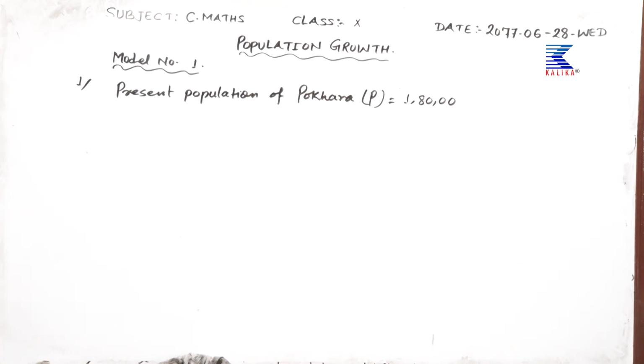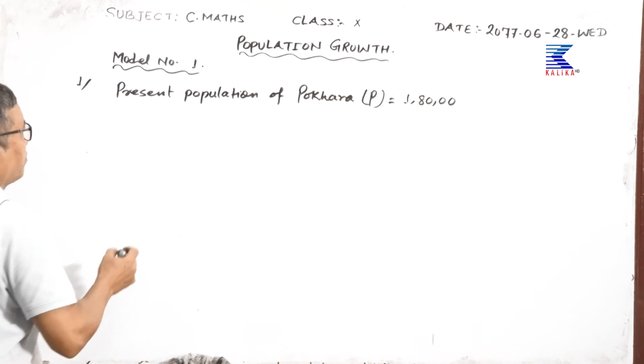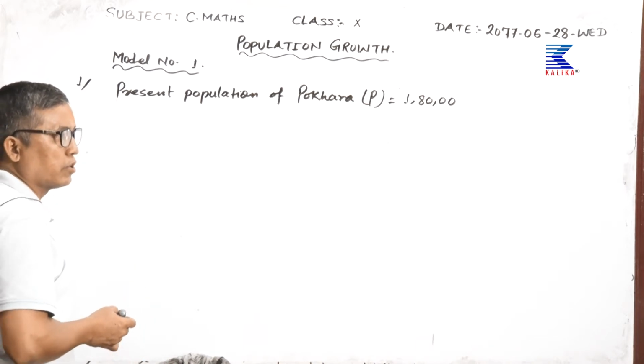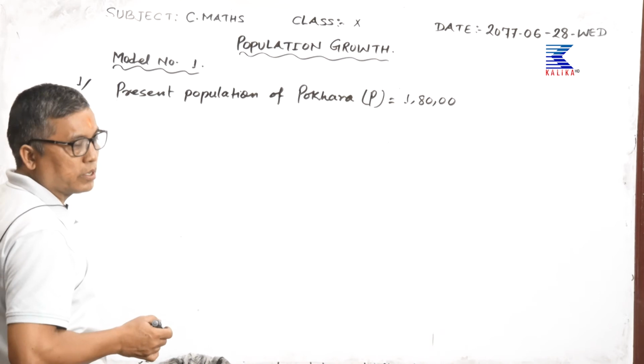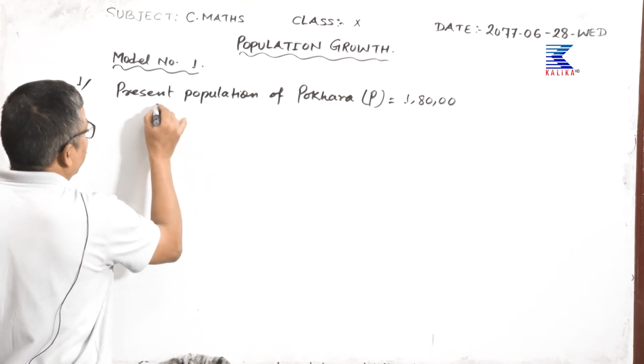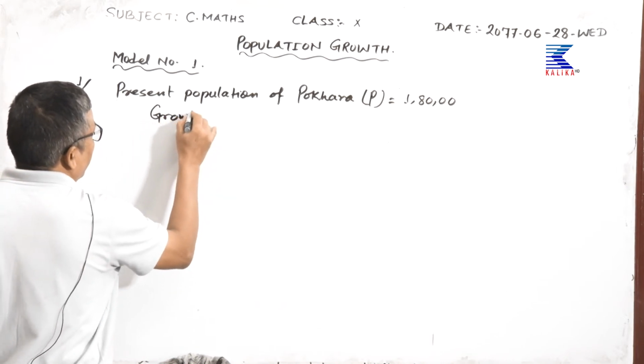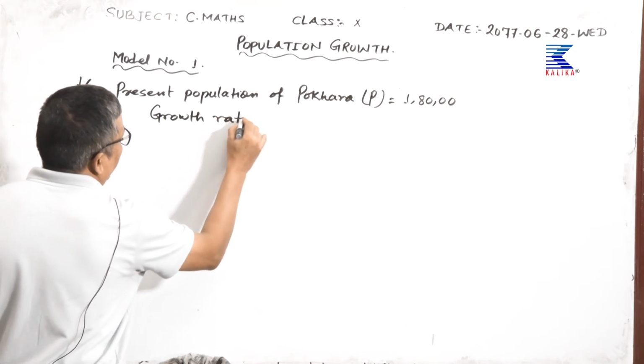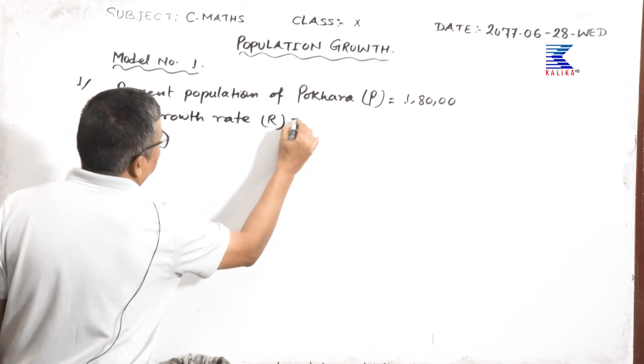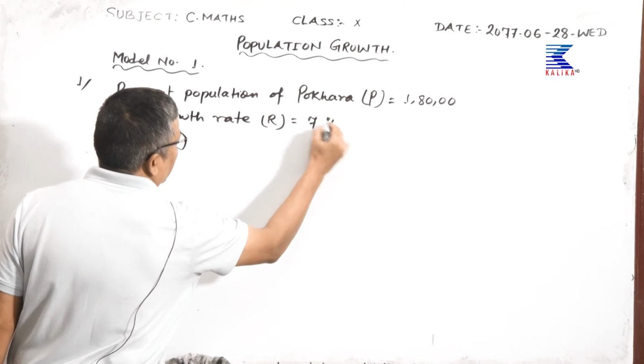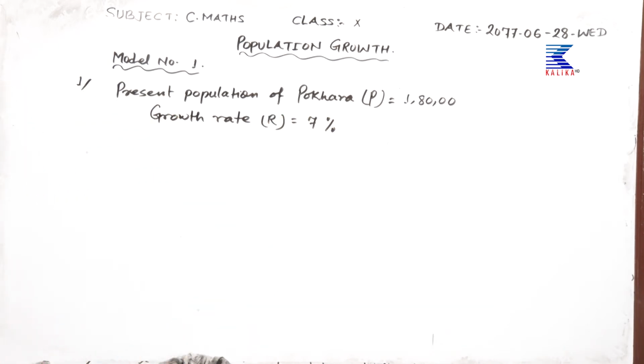Every year the growth rate of population is 7%. प्रत्येक वर्ष 7% को दरले पोखरा को पपुलेसन चाहिँ बढेछ. Growth rate R is equal to 7%. Then after 3 years find the population of Pokhara.